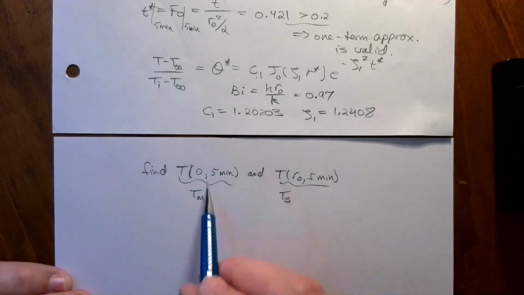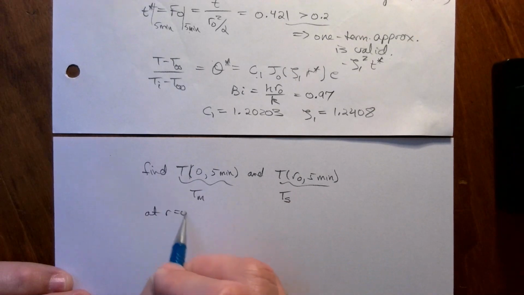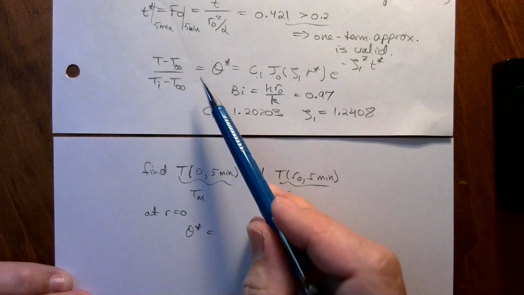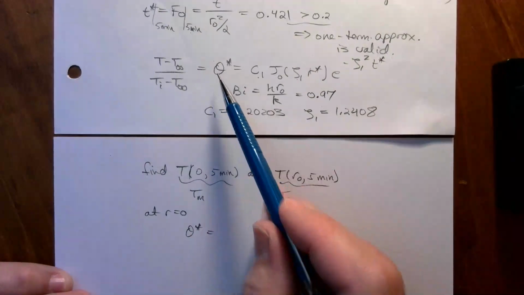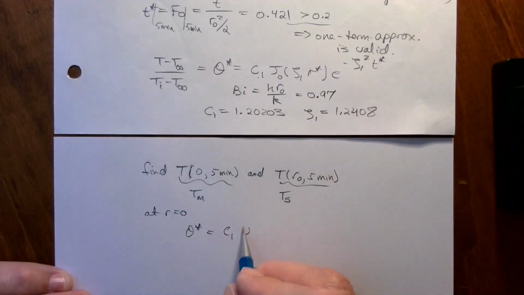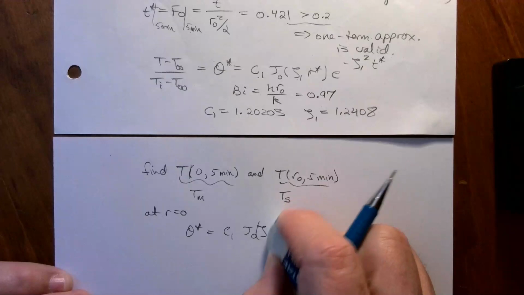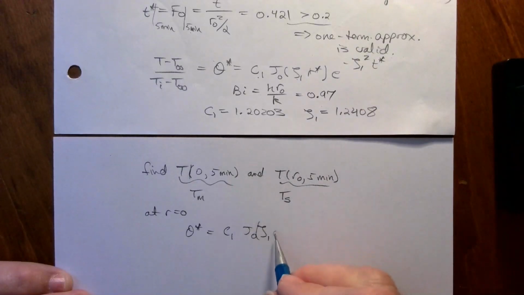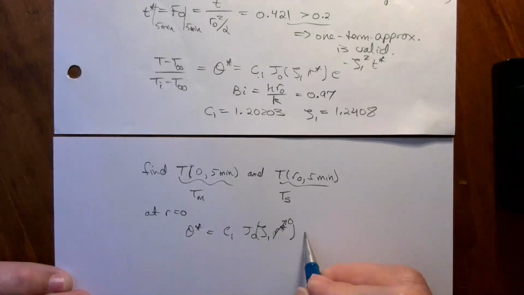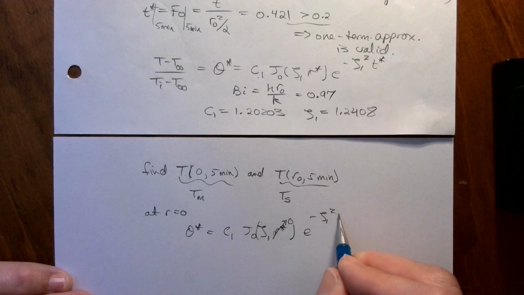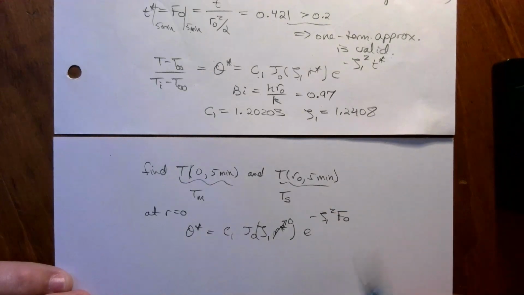Alright, so let's do the r equal to 0 case. At r equal to 0, theta star, we're given an equation for theta star, is equal to C1 J naught of zeta 1 r star, where 0 goes in place of r star, times e to the minus zeta 1 squared Fourier number, or t star.